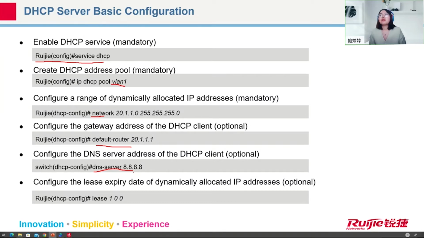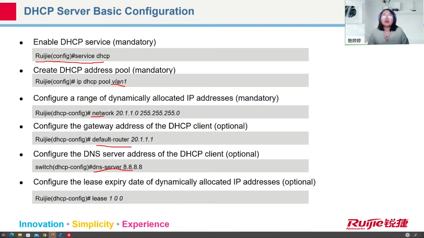So this server must be located in your network and provide this function. The gateway and the DNS server are optional configuration. That means if you don't add these two commands, the DHCP server function can also work, but your client maybe doesn't have enough information, so finally cannot reach the internet.